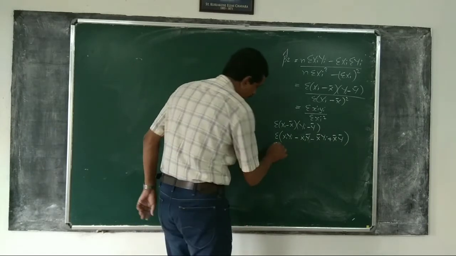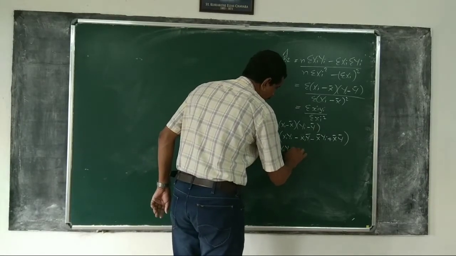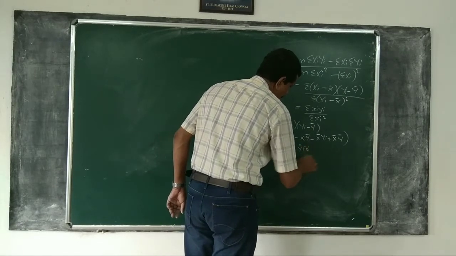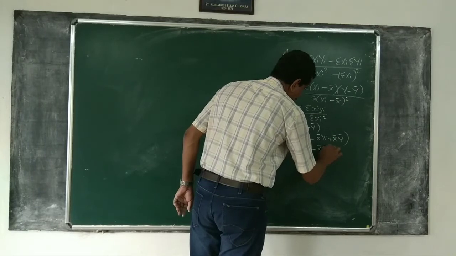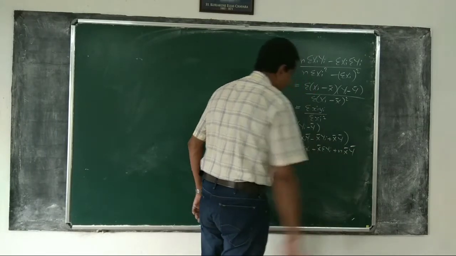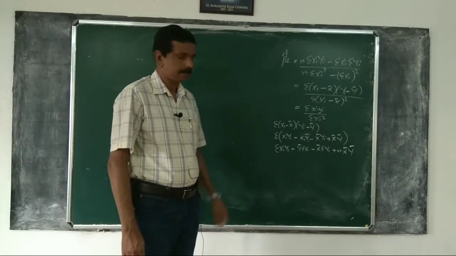Taking the summation inside, sigma xi yi minus y bar into sigma xi minus x bar into sigma yi plus n into x bar y bar from the properties of the summation operator.